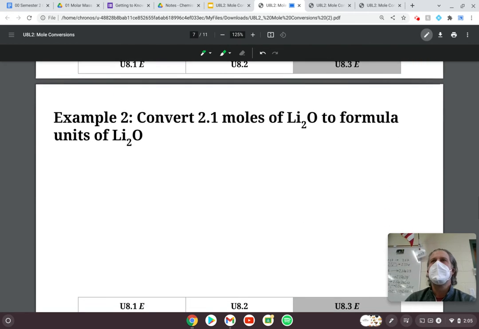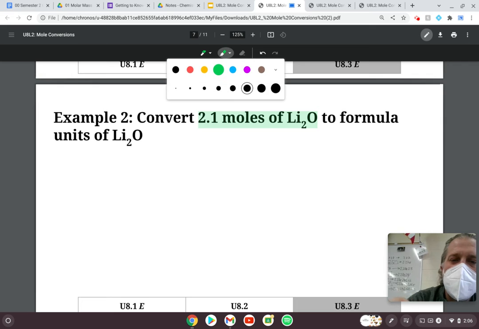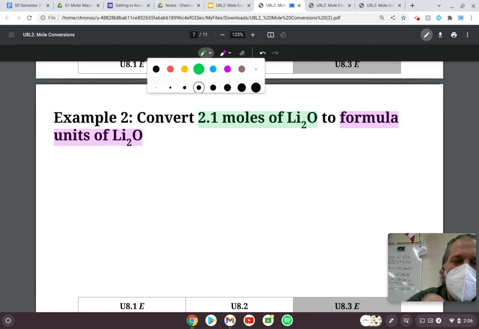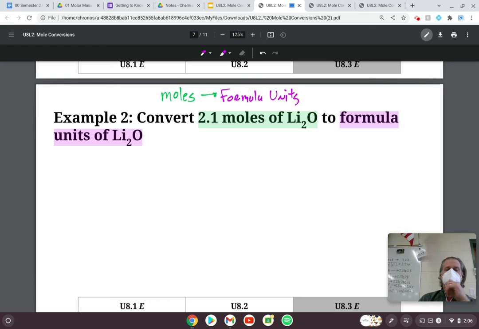All right, next one. In this case, you have moles of Li2O, and you are going to formula units of Li2O. So this problem, we are converting from moles to formula units. Again, I'm going to need to know the relationship between moles and formula units of anything.